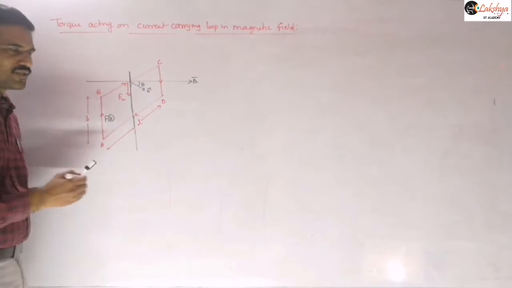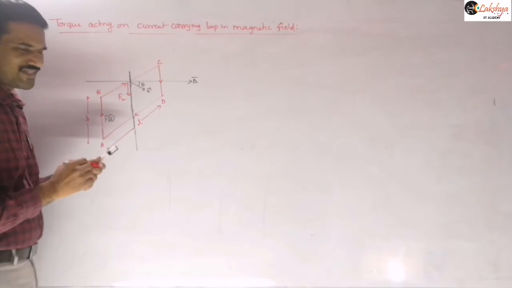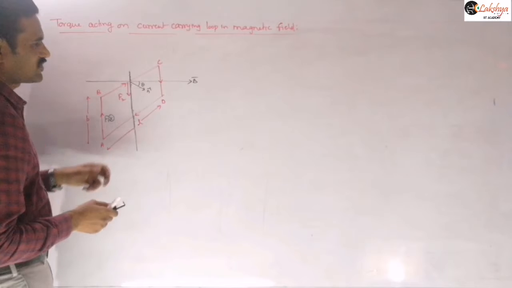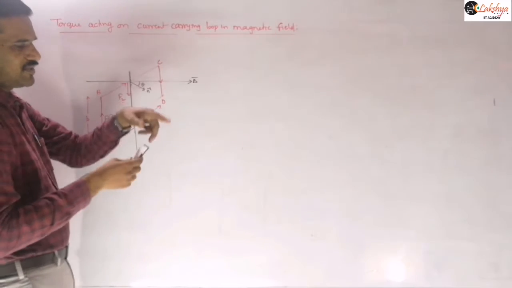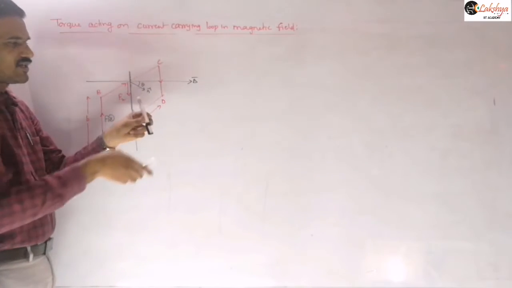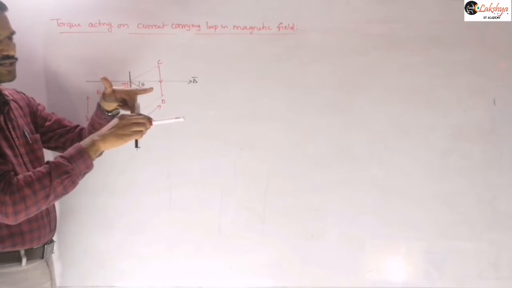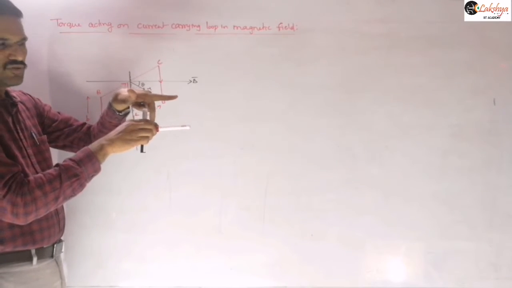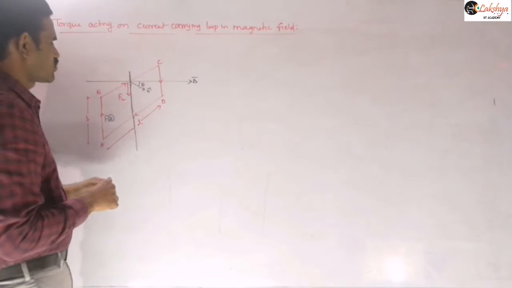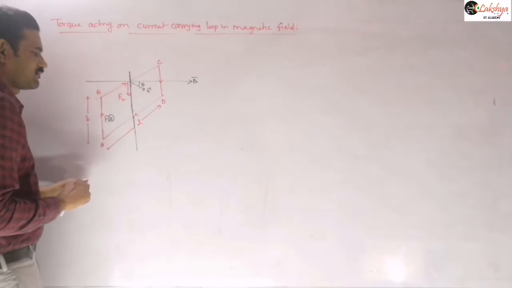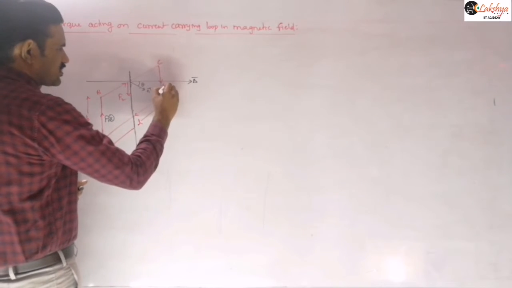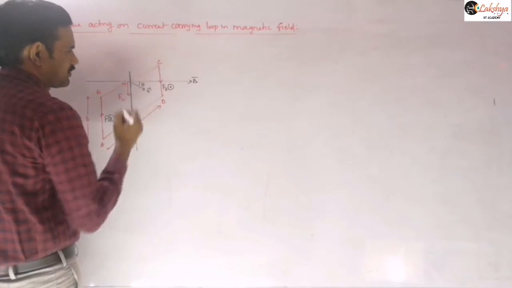Is it clear? Then the magnetic force acting on CD. The current is flowing along this direction and the magnetic field will be like this, so the force is out of the plane. So F3 will be out of the plane.